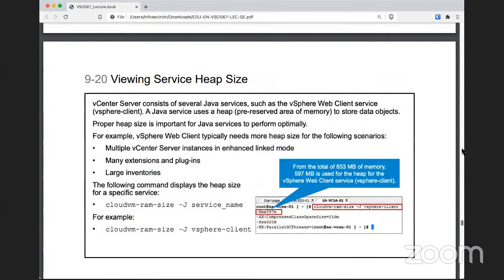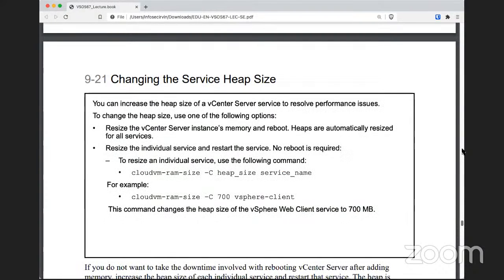The heap size can also be brought out with a -J for several Java services. And then to change it, it would be in this manner. You don't have to reboot, but you can individually resize a service. With this example, we see that vSphere client has now grown to 700 megabytes.